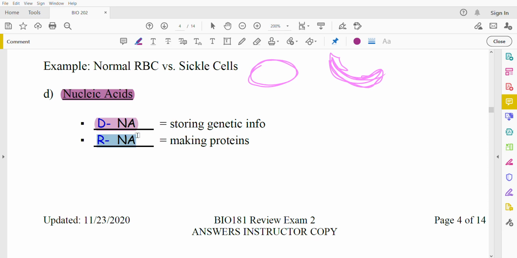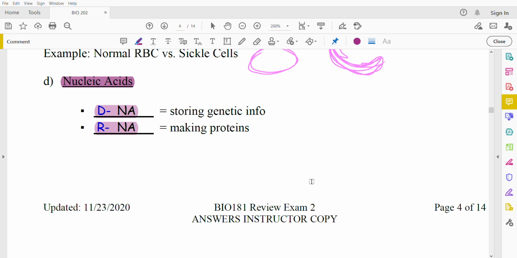There are different kinds of nucleic acids. DNA, of course, stores our genetic information. And RNA is the copy that's made of the DNA and then travels outside the nucleus and can be used as a template for building proteins. We'll review this concept a little bit later.